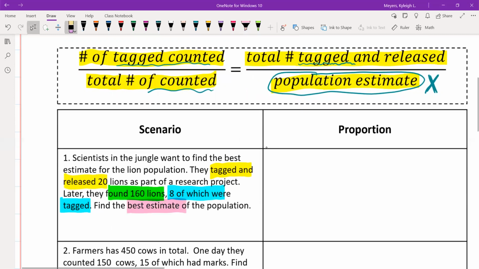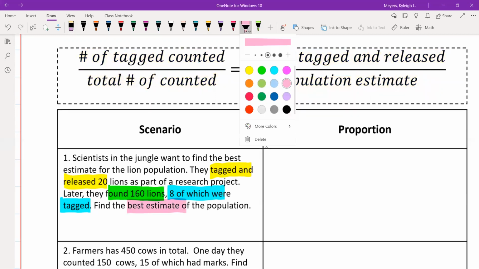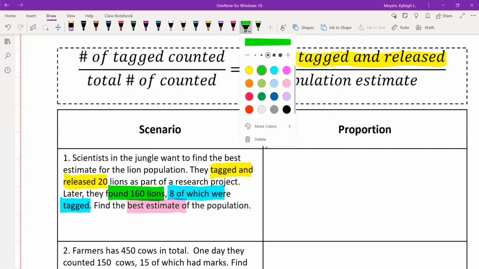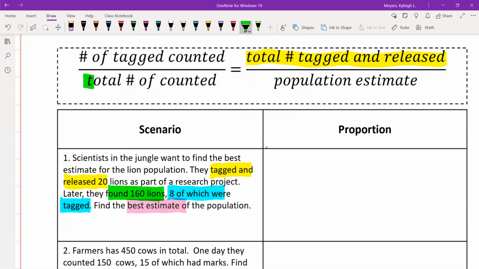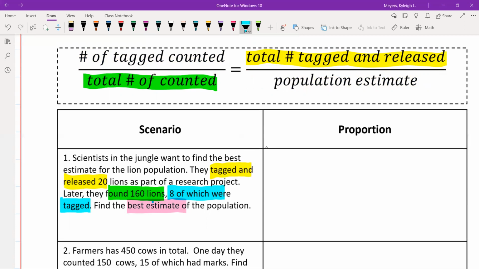So piecing back together this proportion, tagged and released is the total number tagged and released. Found 160 lions is another way to say we counted 160 lions. 8 of those 160, so 8 of the counted were tagged. What's the population size?